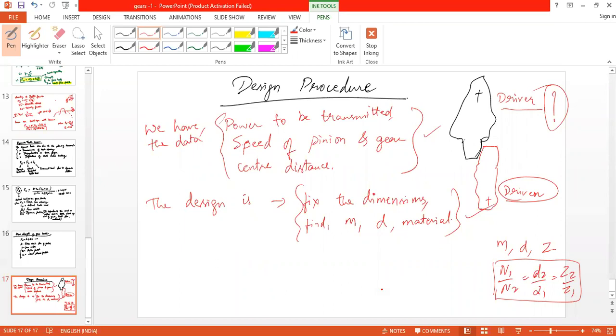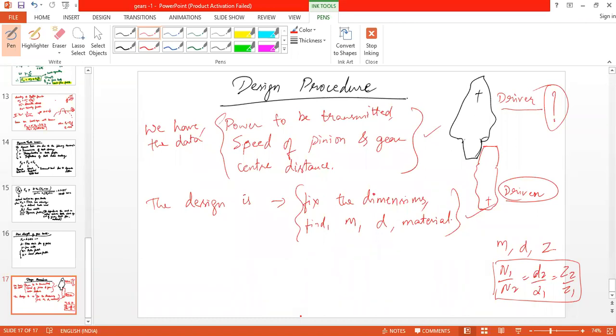No, that is not the valid answer. See, in the last semester, while designing the coupling, we designed the shaft, coupling, key, bolt, everything, right?